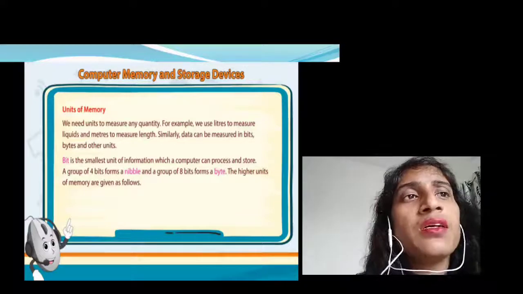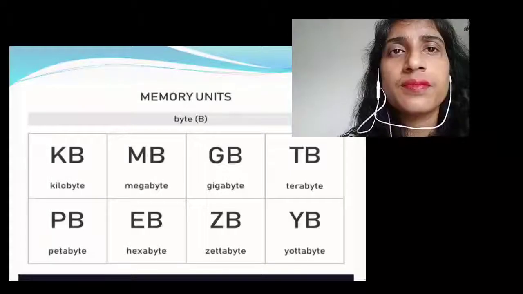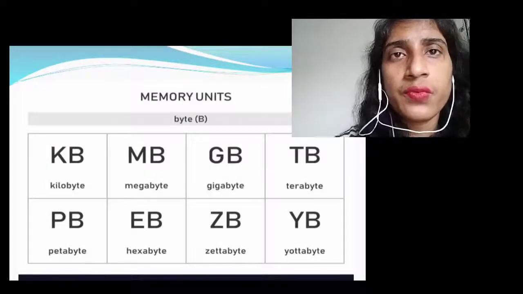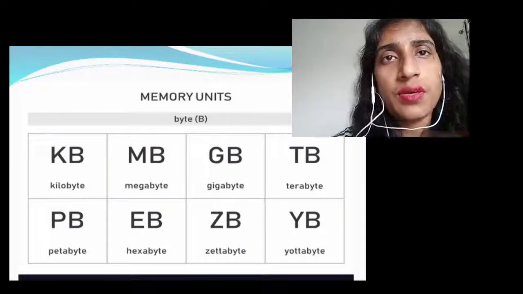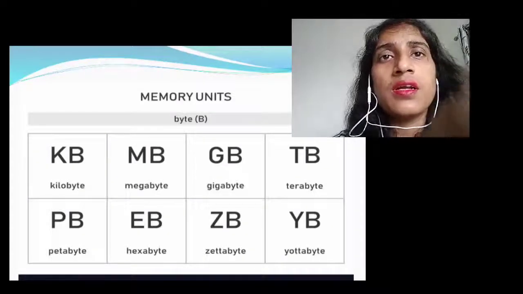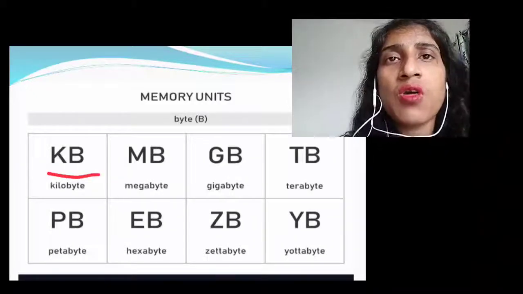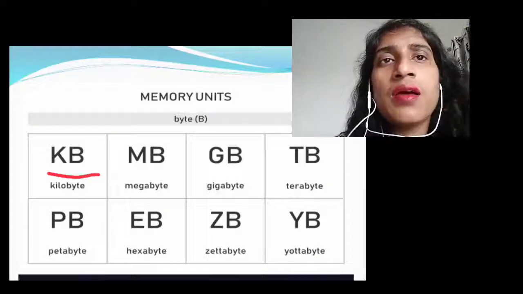So let's learn more about the units of memory. In this slide, some units are there. First unit is the KB. KB is called kilobyte. Second is MB.